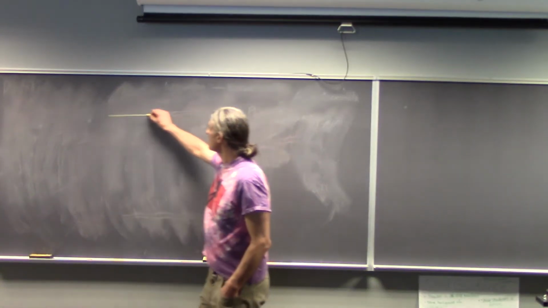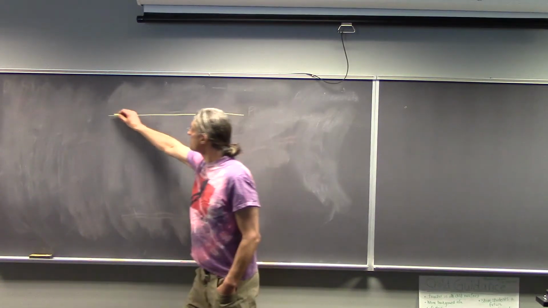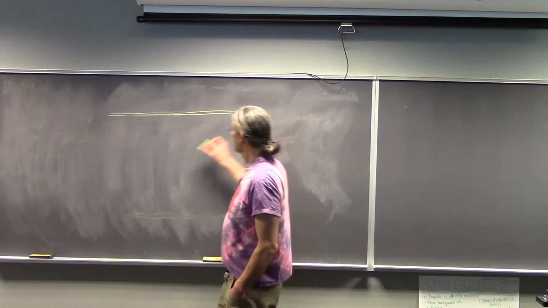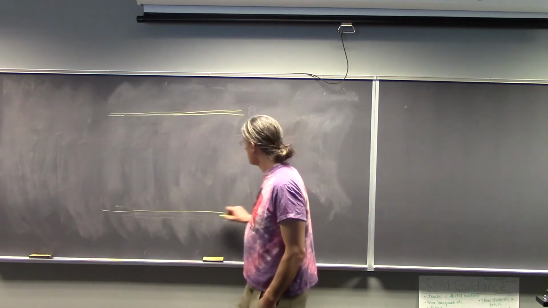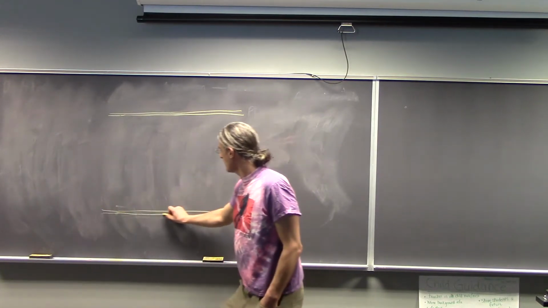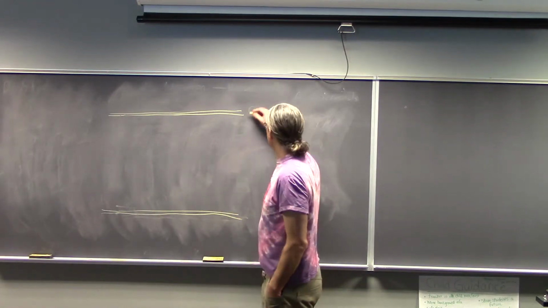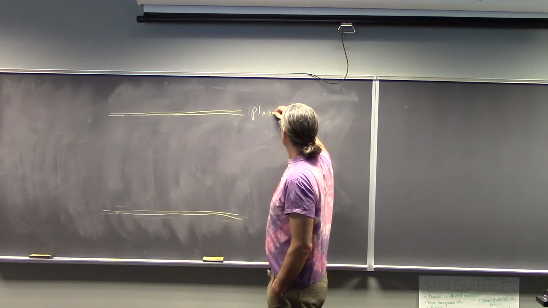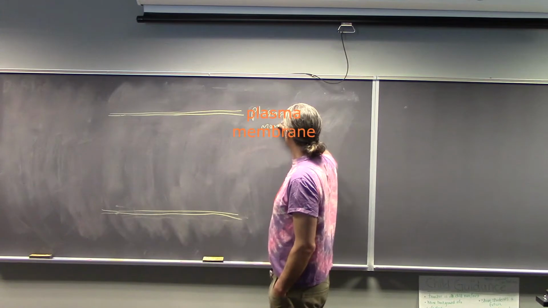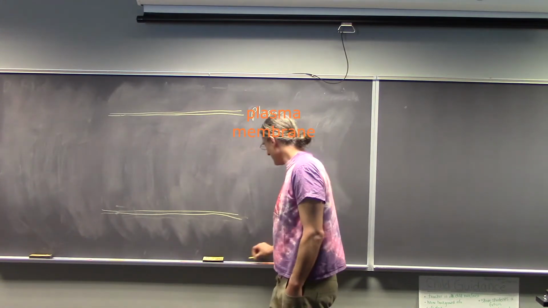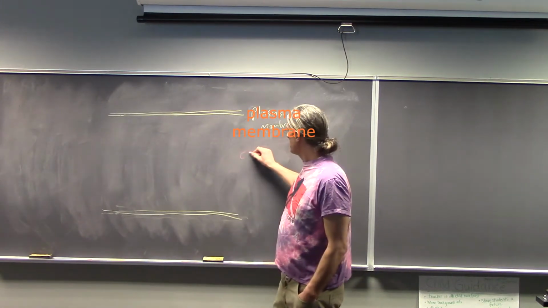So this is a representation of a plasma membrane, and that is a plasma membrane. And in the middle here, we've got the cytoplasm.